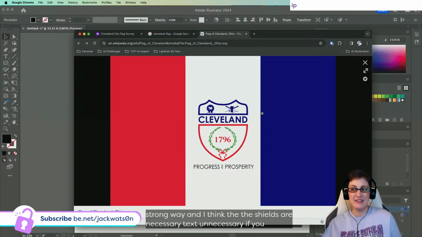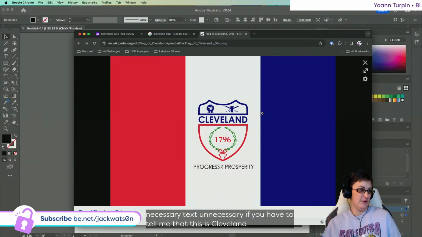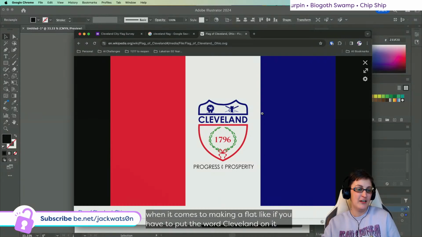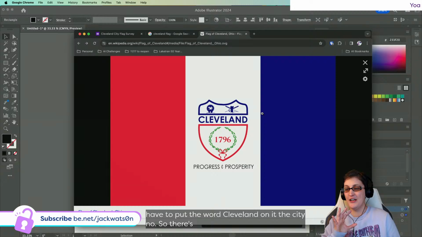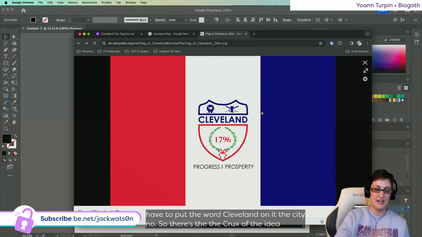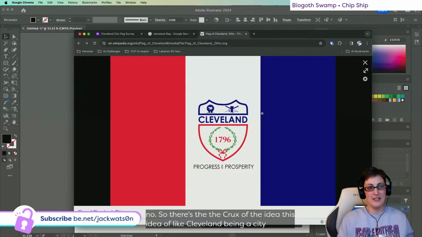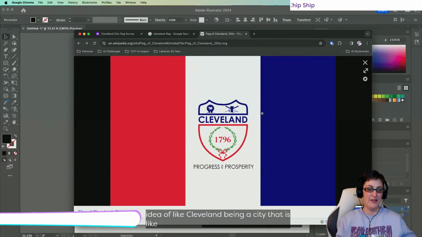If you have to tell me that this is Cleveland, you failed when it comes to making a flag. If you have to put the word Cleveland on it, the city, no. So there's the crux of the idea, this idea of Cleveland being a city that is, like Corey said, the emerald necklace of the metro parks.